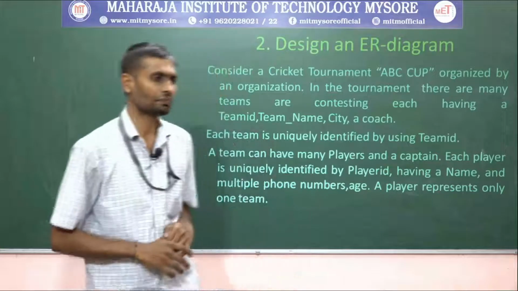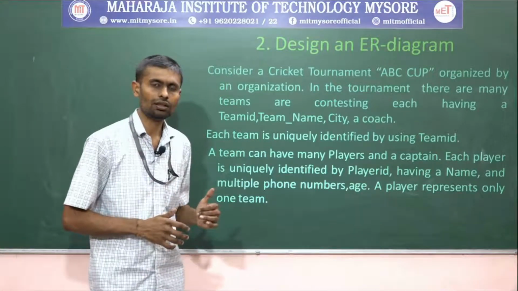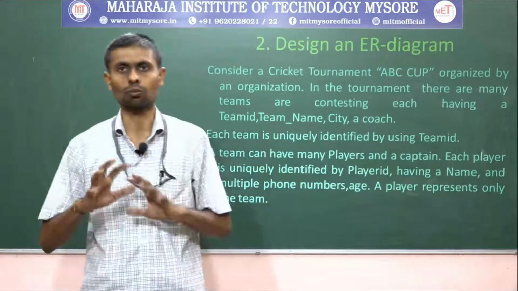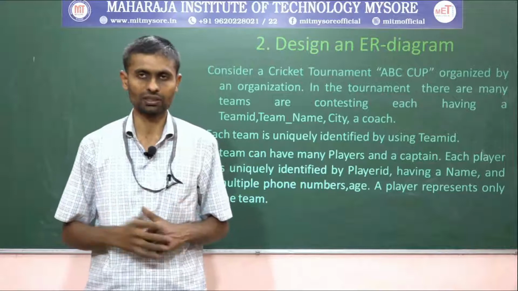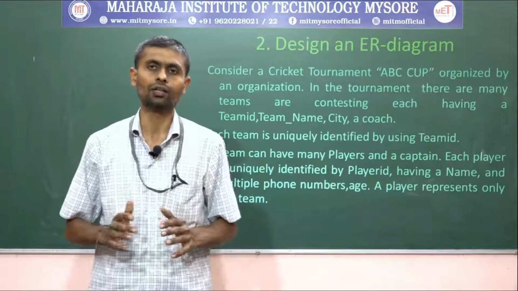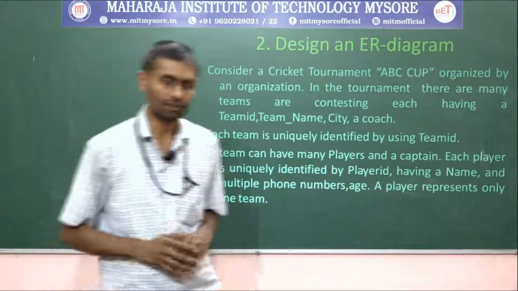So here I have such a similar scenario to solve. We'll try to convert this whole scenario into an ER model, into a pictorial representation. Later we'll map this ER diagram into a relational model, a relational schema.